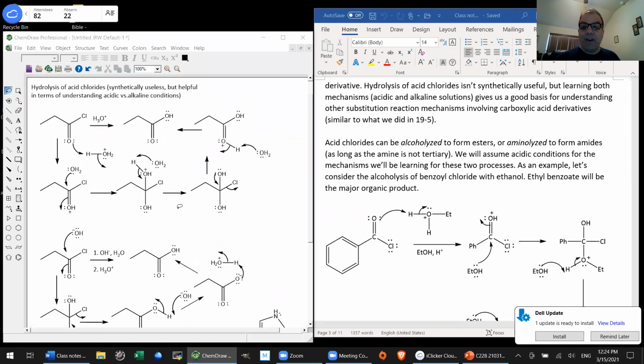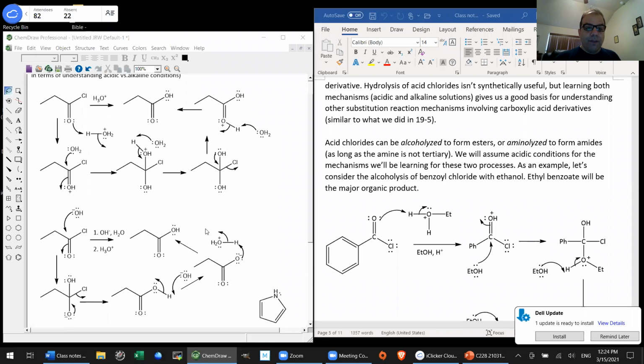Hydrolysis of an acid chloride. Again, useless as the day is long, but it's helpful for us to go over this, to get us used to thinking about how these things behave with aqueous acid around and with base around. Good, so everyone comfortable with both of those mechanisms.